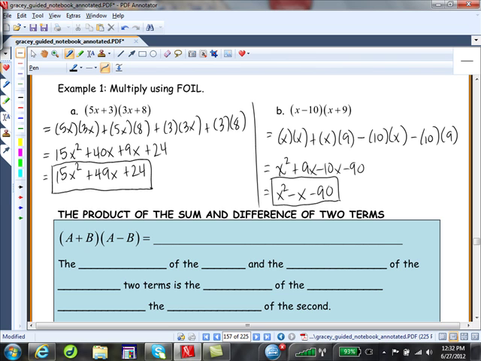All right. Okay, moving on to the product of the sum and difference of two terms. Now, I'm about to show you some different stuff. I'm going to be showing you the way for this section using the formulas.